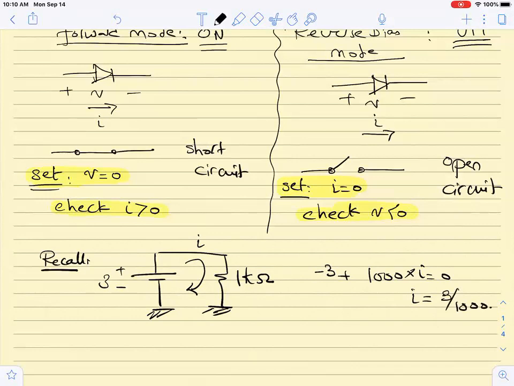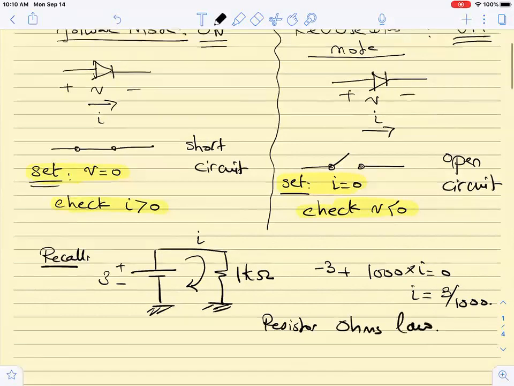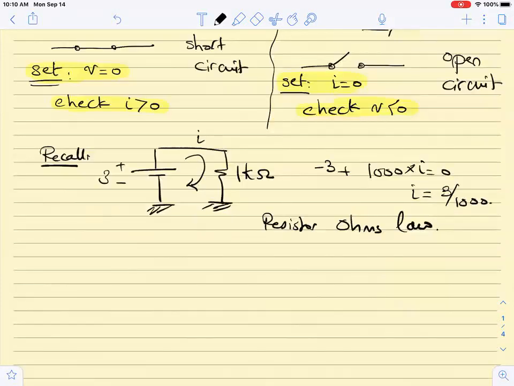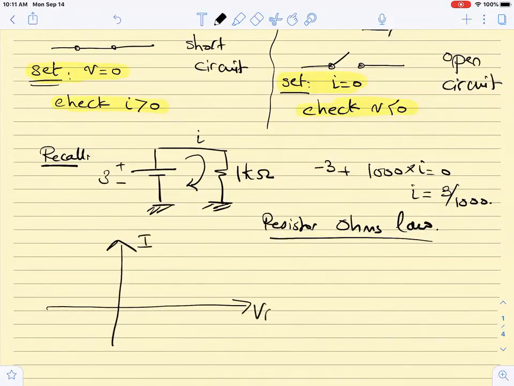For a resistor, I apply Ohm's law. If I look at its characteristics, I have V equal IR. If this is the current I and this is VR, how does the curve look? What is the relation between V and I? V equals Ri, so it's a straight line passing through the origin.